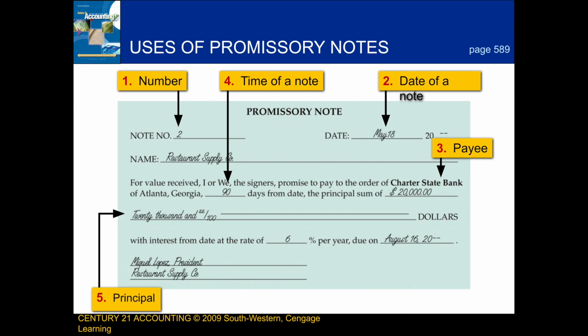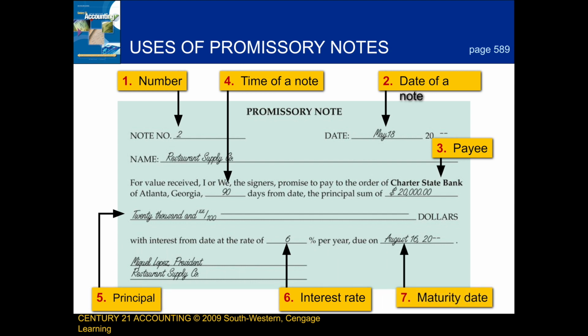Number 5 is showing us the principal of the note. Number 6 is showing us the interest rate of the note. Number 7 is showing us the maturity date of the note.